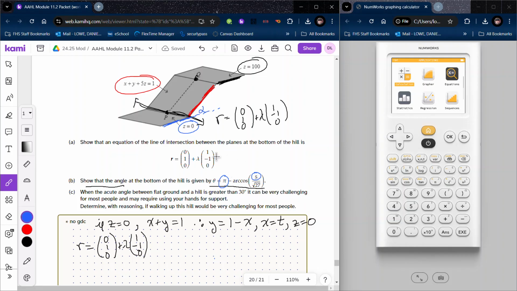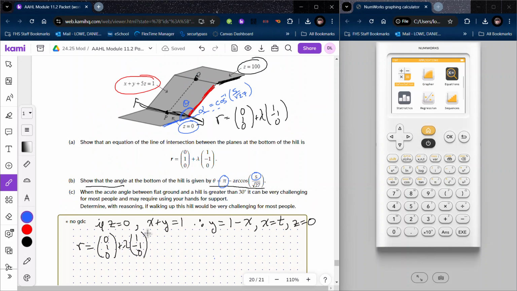So let's say that I call that angle alpha, which is the arc cosine of 5 over root 27. And this angle out here would be theta.